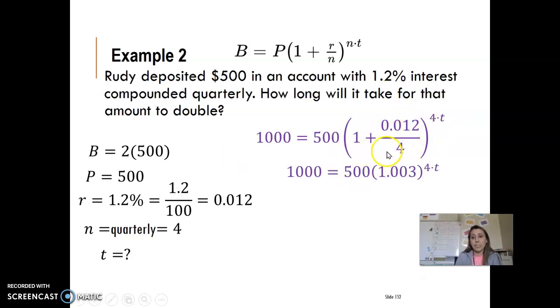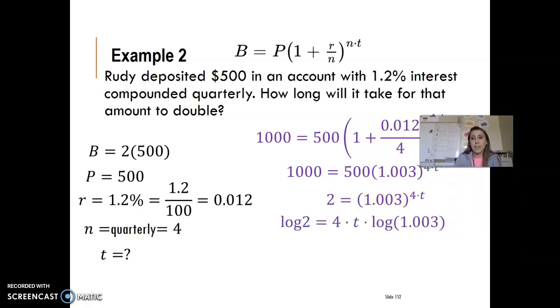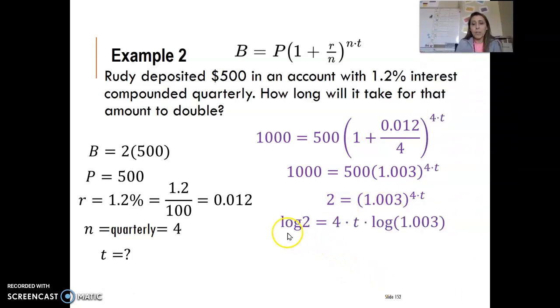So we figured out what's inside that parentheses. We need to divide both sides by 500. And so we end up with 2 is equal to 1.003 to the 4t. Now we have a number equal to some number raised to some unknown power.